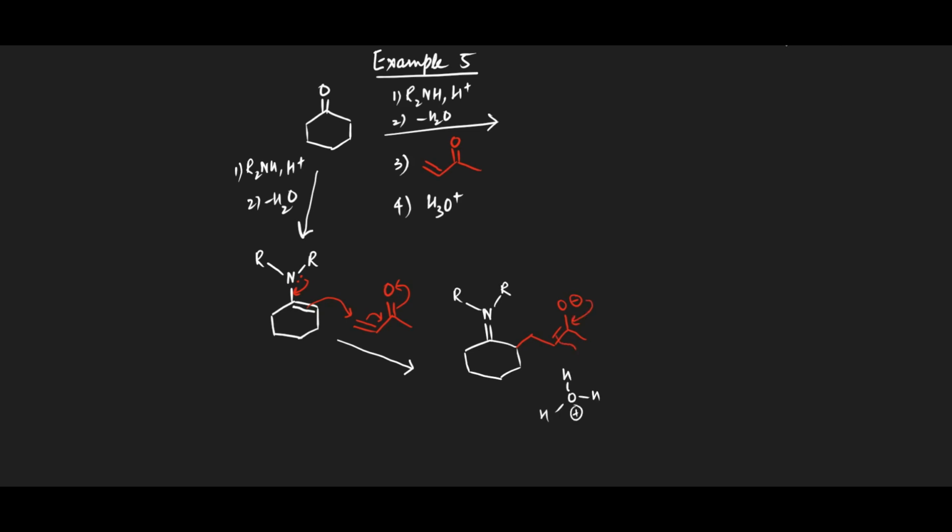Upon acid workup, both groups are converted into carbonyl groups. The iminium ion undergoes hydrolysis to form a carbonyl group, and the enolate ion is protonated to form an enol, which tautomerizes to form a carbonyl group.